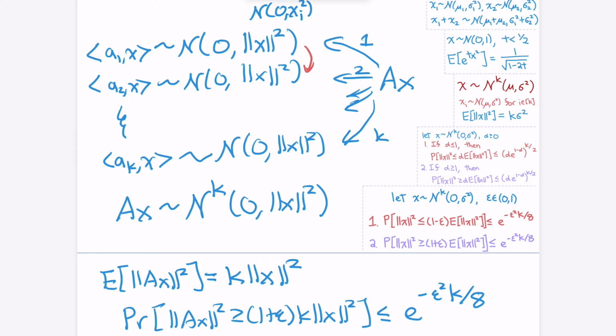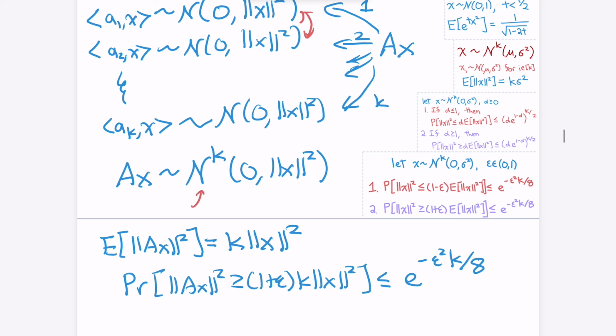The question is, is there some covariance matrix? Each of these random vectors are also independent. So everything's independent. It really is being distributed from a random Gaussian. So even though it's all based on the same x, every coordinate is still completely independently distributed from mean zero, variance length of x squared.